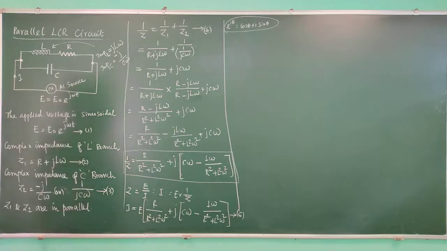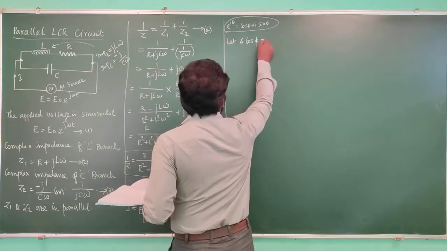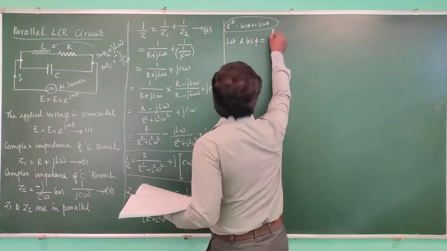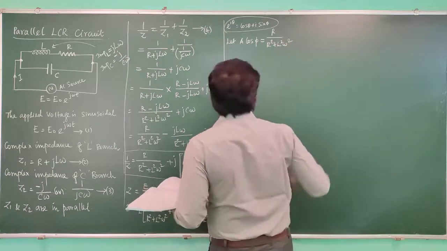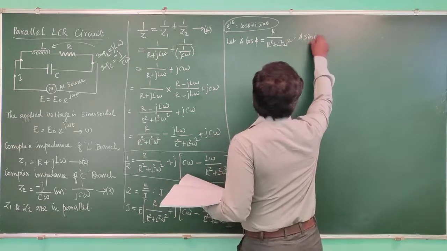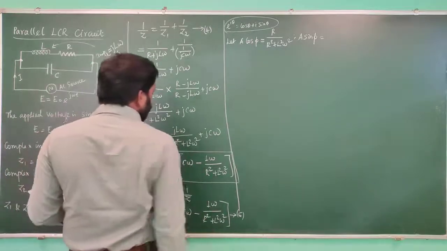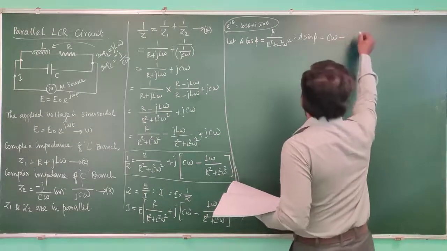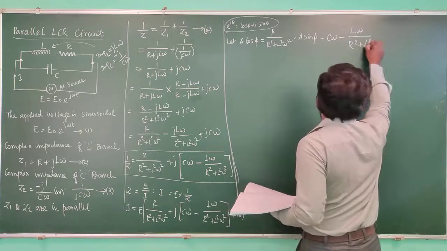Keeping this trigonometrical relation in mind, let's write A cos phi, which is equal to this term, R by R square plus L square omega square, and A sin phi, which is equal to this term, C omega minus L omega by R square plus L square omega square.